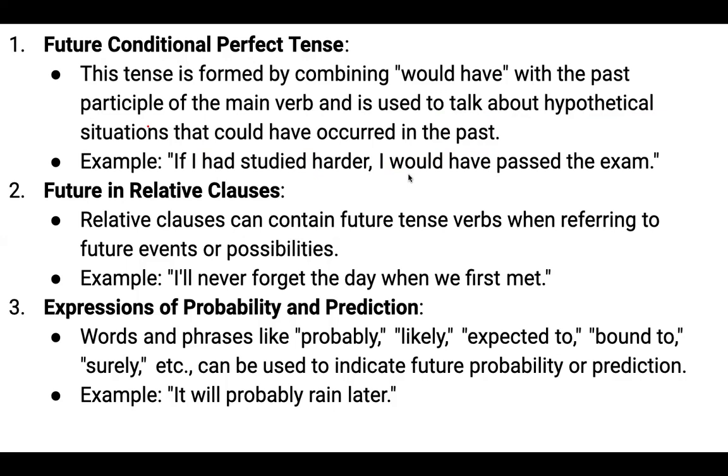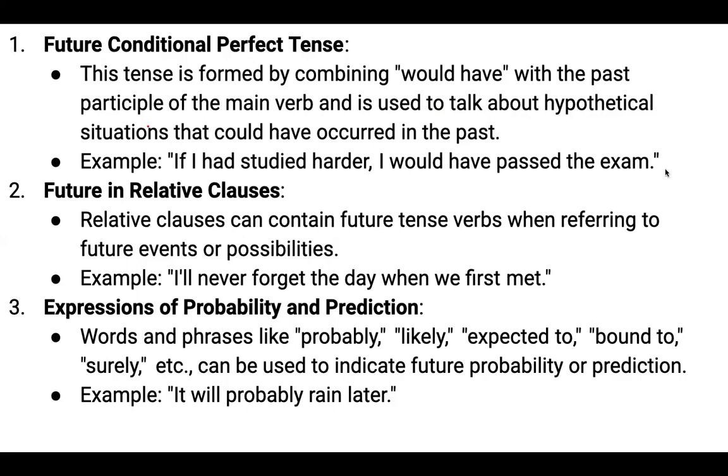It clearly states that if a certain thing had happened in the past, its impact would have been present in the future. So if you had studied harder in the past, the impact would be that you would have passed the exam, right?